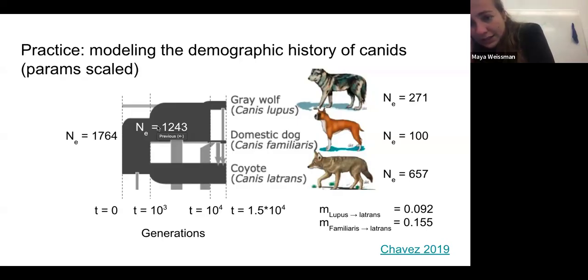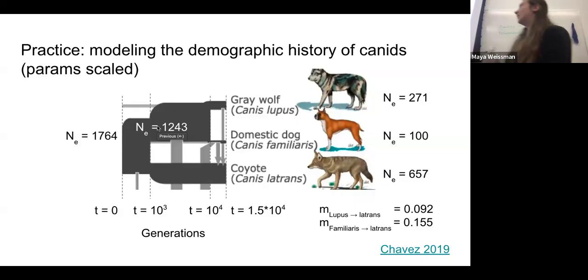My guess is, I had a friend in grad school who researched sex-biased migration, and found that there's often a lot of sex bias in migration rates or in these introgression events.